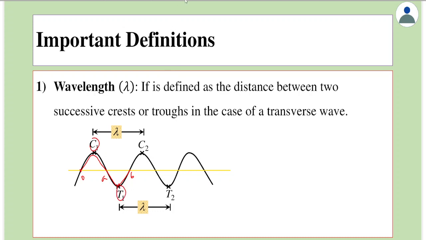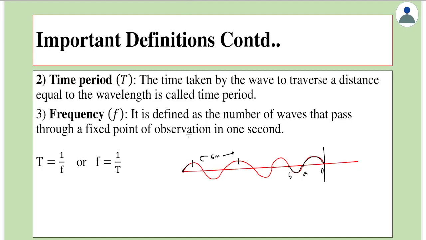That's called one wave. So if you want to find the time period, we can say it is the time taken for one complete wave to pass through a given point. If you have some opening here, and we find how long it takes for one wave to pass through it, which means how long it takes for 5 meters to pass through it, that time is called the time period. We can define it in this way, or else we can define it in another way also.